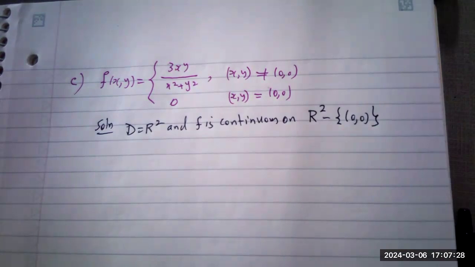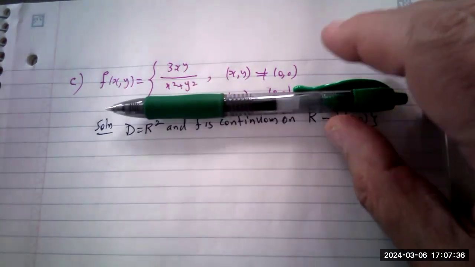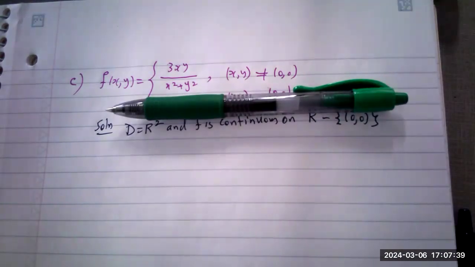This is the one that you can conclude right away, because you're just focusing on the top one. In case of the top one, if x and y are not 0, 0, the denominator will never be 0. So this function will be continuous there.